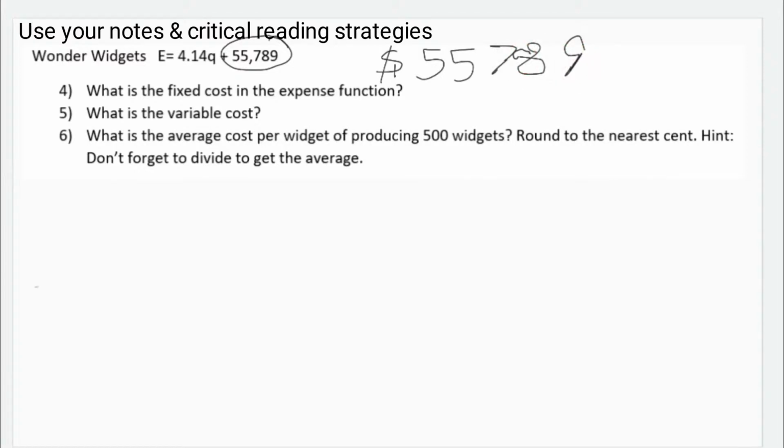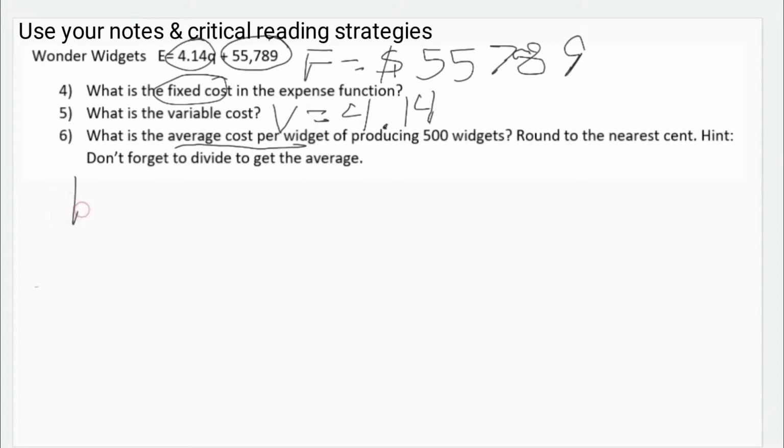So that's the fixed cost. And the variable cost is going to be the $4.14.